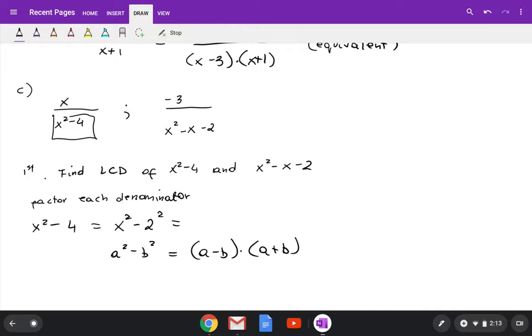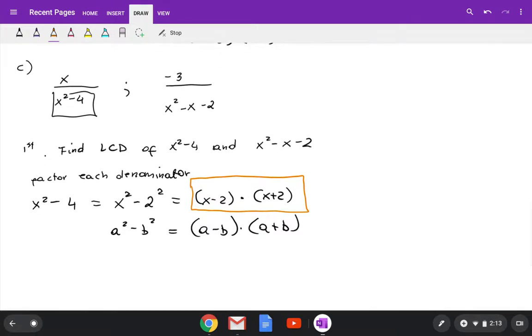So rewrite that as x minus 2 times x plus 2. So we factor the first denominator, so just save that. Again, let's go back. We need to find the LCD.